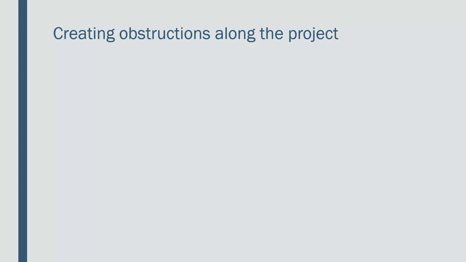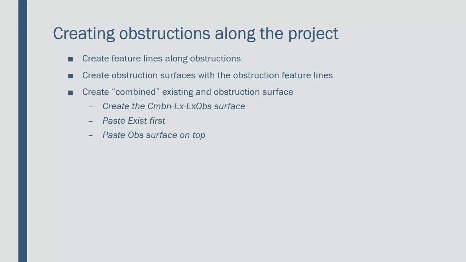So the first thing that we need to look at here is creating the obstructions along the project. This is going to identify where site distances could be shortened in plan view generally, but there is a three-dimensional aspect to it here. First, what we're going to do is create feature lines along where the obstruction is.